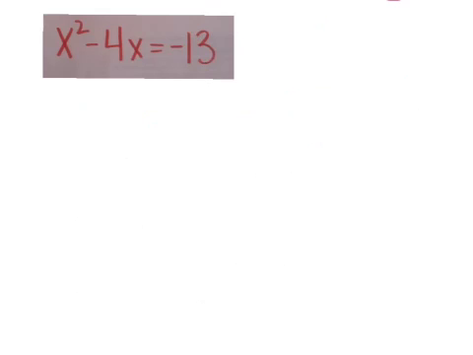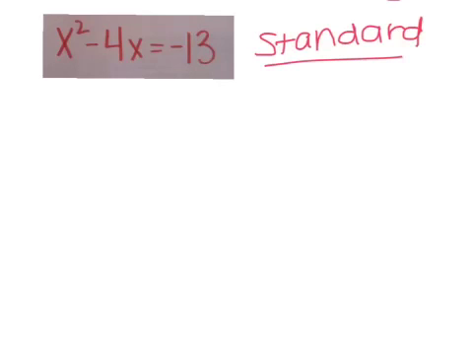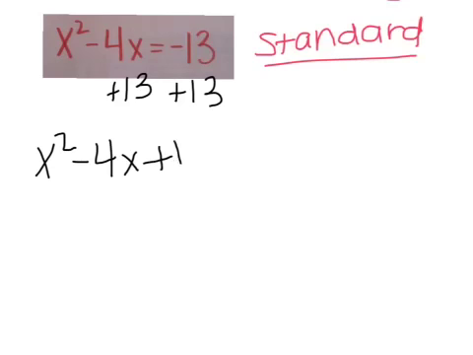So we're going to do this example now. So step 1, we have to get it into standard form. Now, unlike the other examples we've had so far, this one is not in standard form. So we're going to add 13 to both sides. And then we would have x squared minus 4x plus 13.